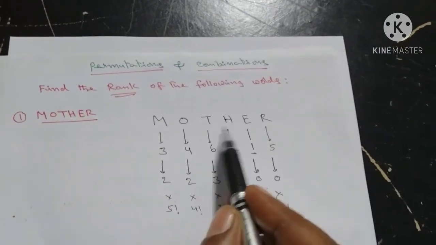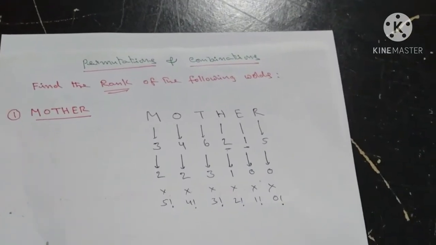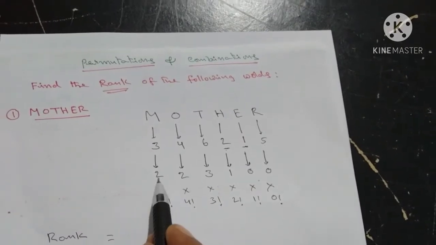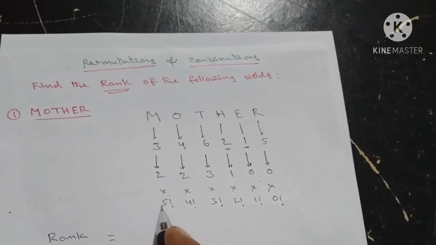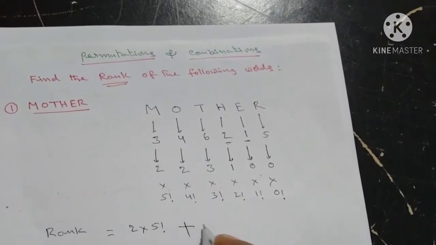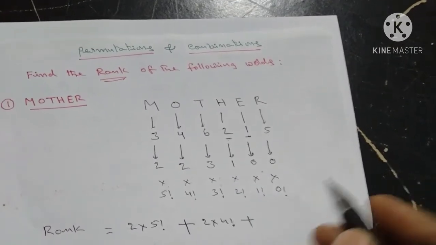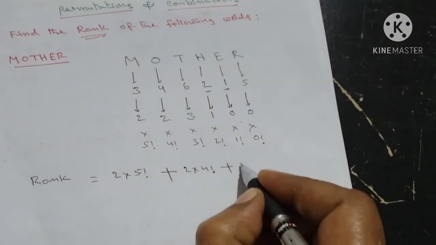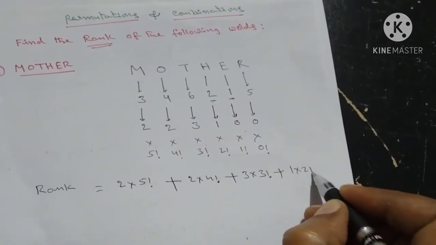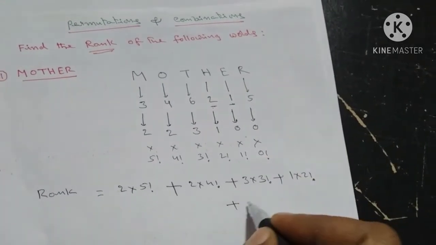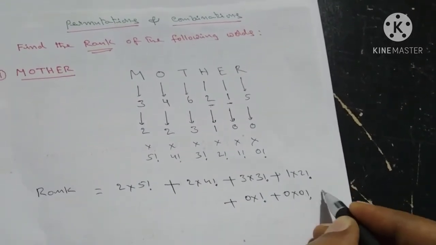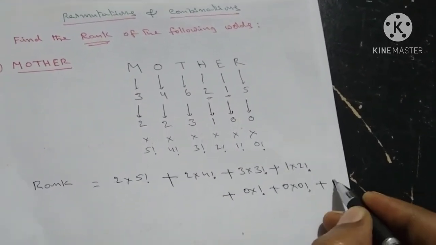So rank of the word mother equals 2 into 5 factorial plus 2 into 4 factorial plus 3 into 3 factorial plus 1 into 2 factorial plus 0 into 1 factorial plus 0 into 0 factorial plus 1, that is itself.